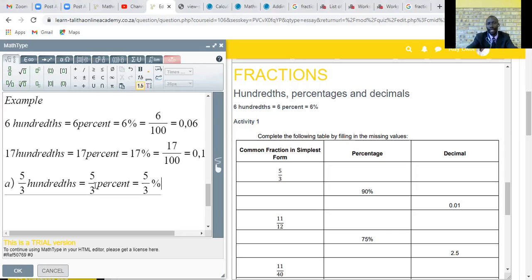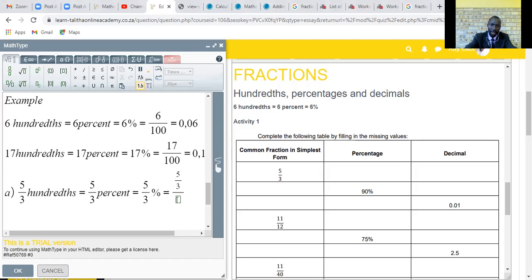Now, how do we write this? Well, this 5/3 will stay up there, then we will have 100 down here. Is there a way we can simplify that? Well, yes, we could simplify that. This is now going to be what?